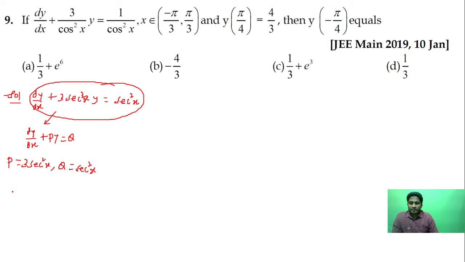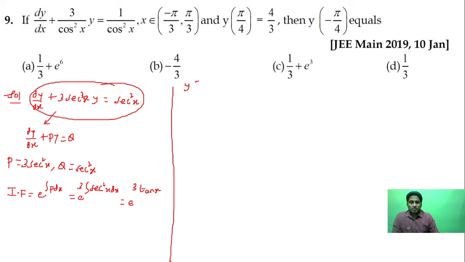Now the integrating factor is equal to e to the power of integral P dx. So this is equal to e to the power of 3 into integration of sec square x dx, which is e to the power of 3 tan x. Now the solution is y into IF is equal to integral of Q into IF dx plus c.